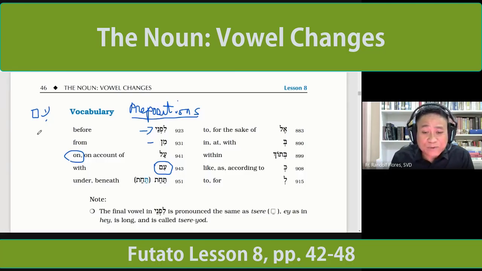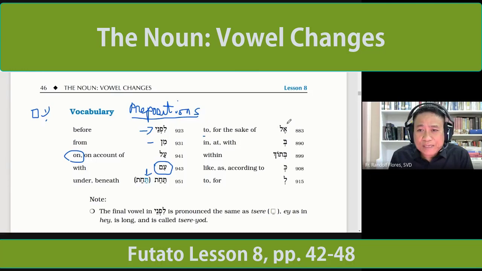El is God. So God with us. Opposite of al is under. Underneath is tahat. Notice the pronunciation. Tahat. Okay. Tahat.